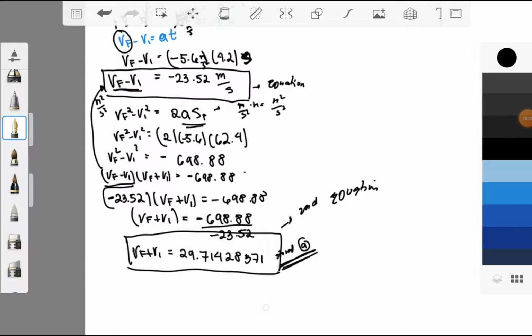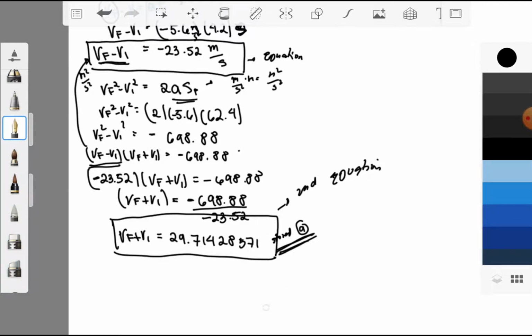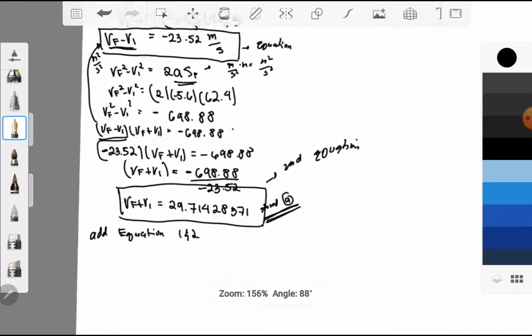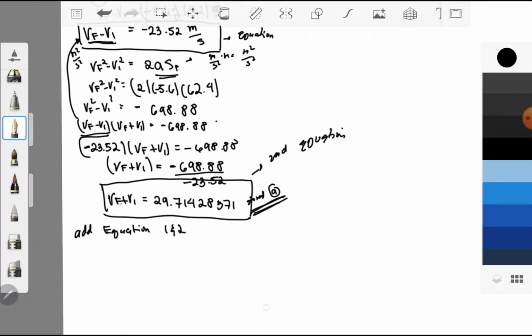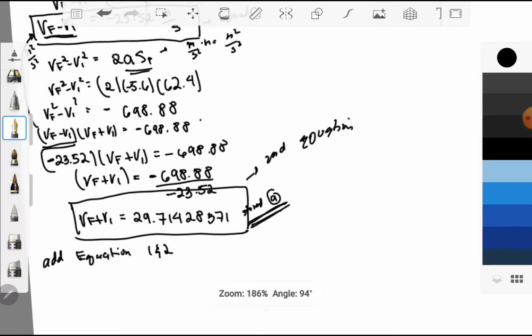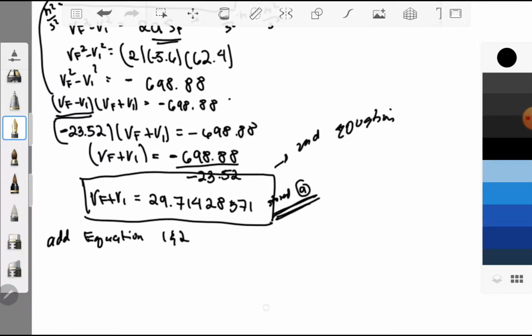So, pag sinubtract natin siya, mapapansin mo that you would get the value of your VI. But if you would add this one, so add equation 1 and 2, we will have VF plus VF is equal to 2VF.